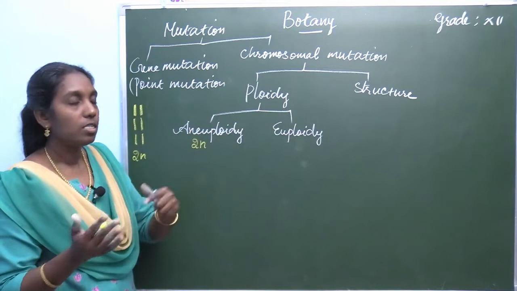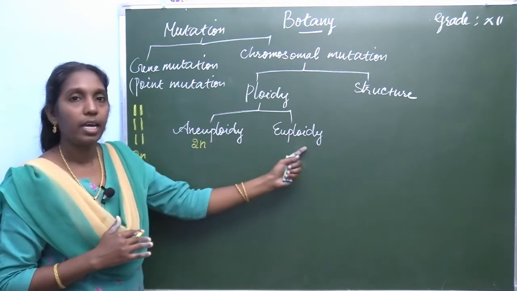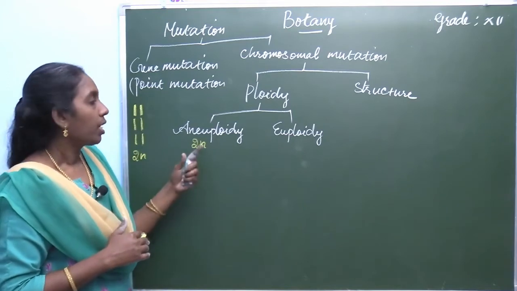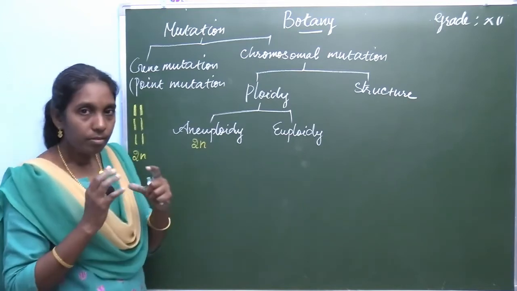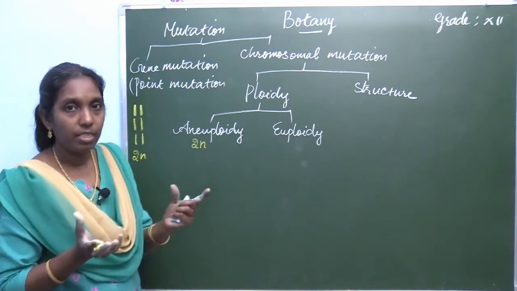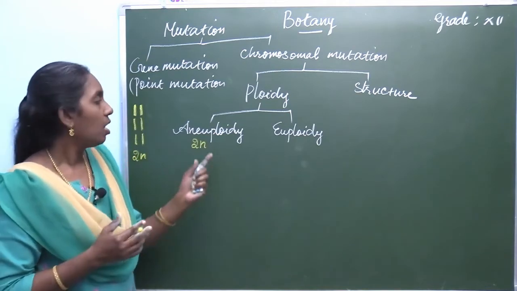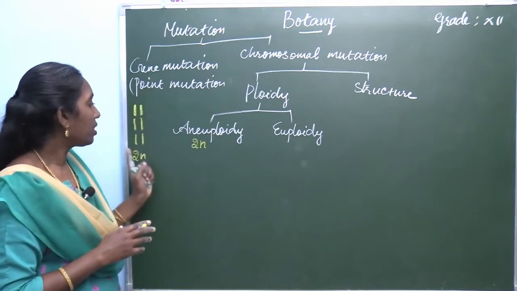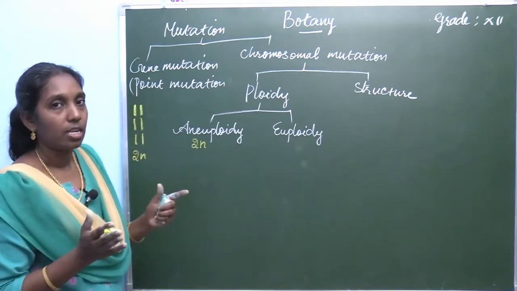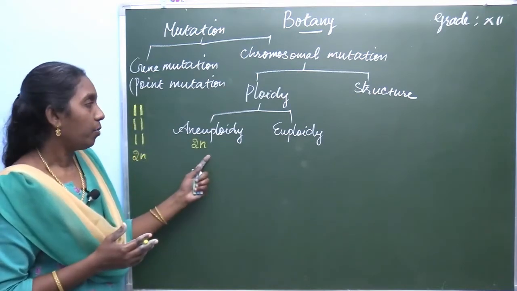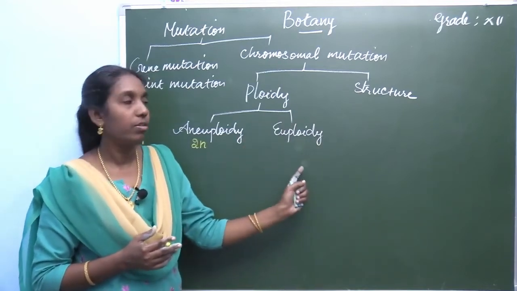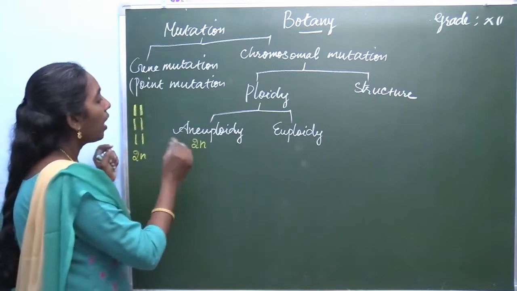So based on this, it's classified into aneuploidy and euploidy. Aneuploidy is the changes within the diploid set of chromosomes. Within the entire set of chromosomes, if any alterations are observed, it is called euploidy.